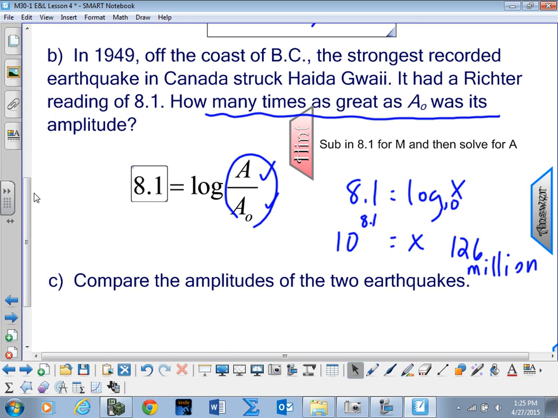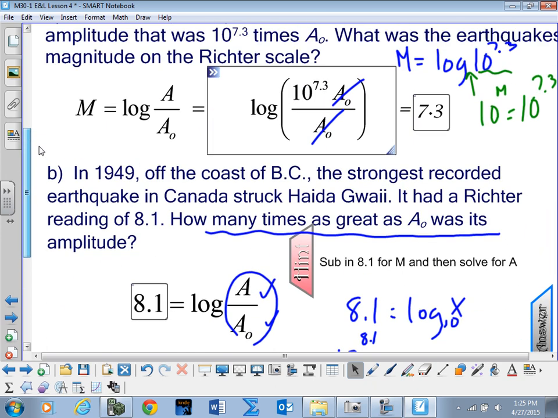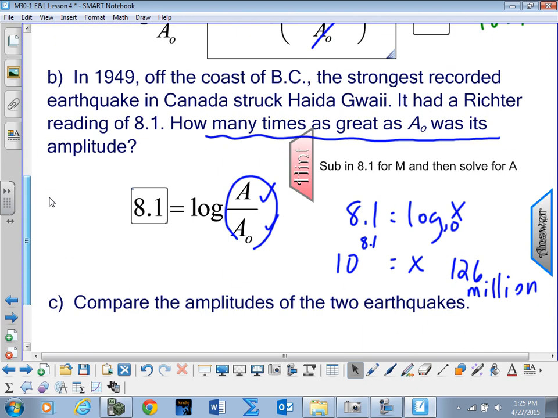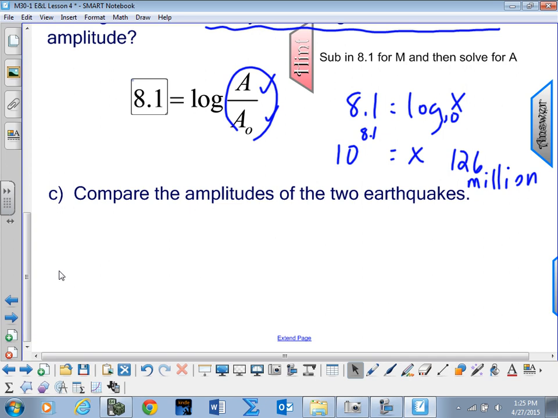It says compare the amplitudes of the two earthquakes. So we have a magnitude of 8.1 and a magnitude of 7.3. If we're going to compare these, we're comparing them as base 10.